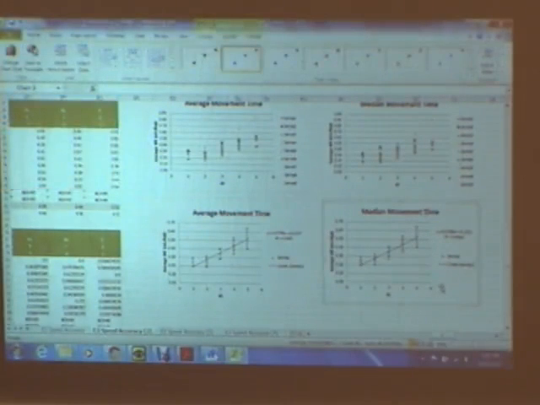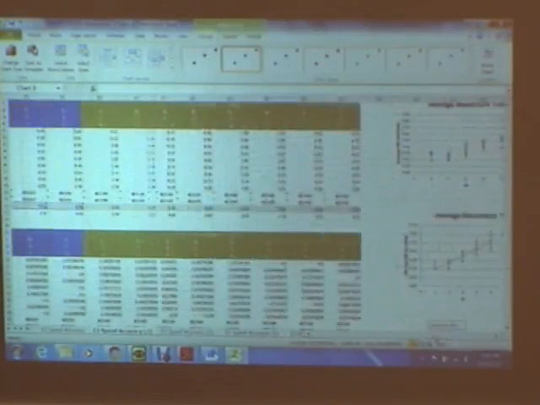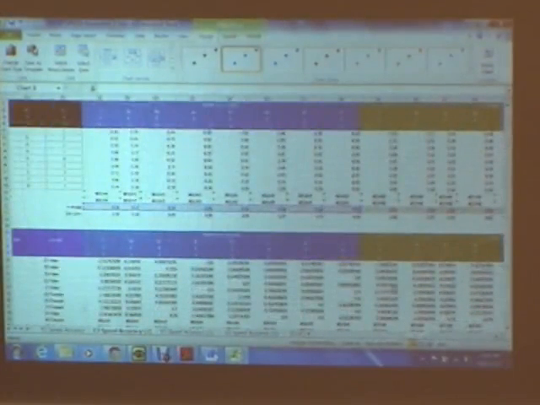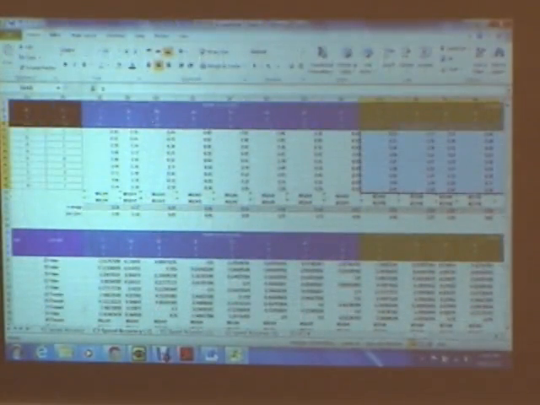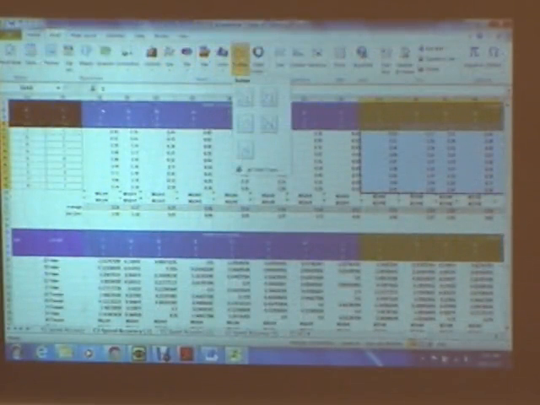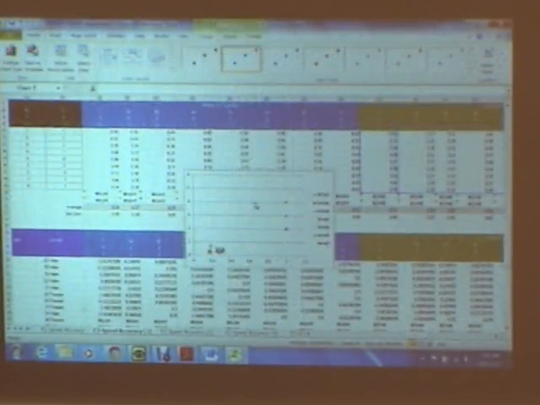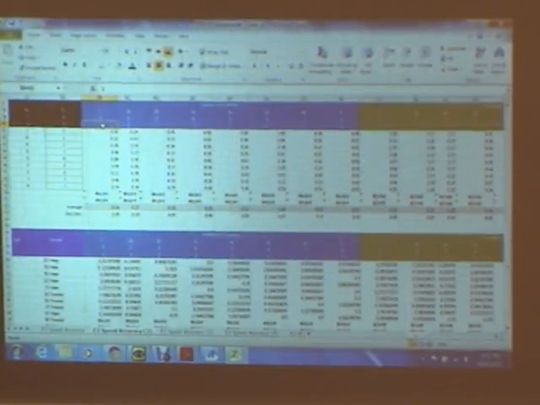Basically here, let me try to recreate this graph right here for you. We're going to want insert scatter. We want index of difficulty, and we want the average.